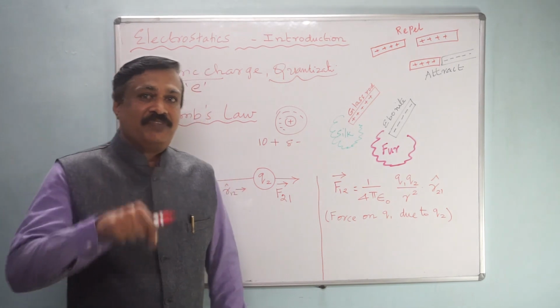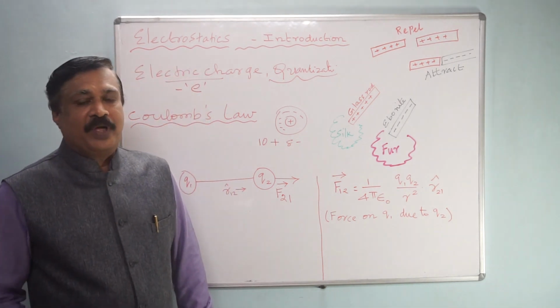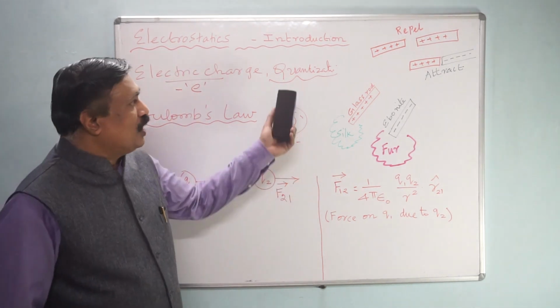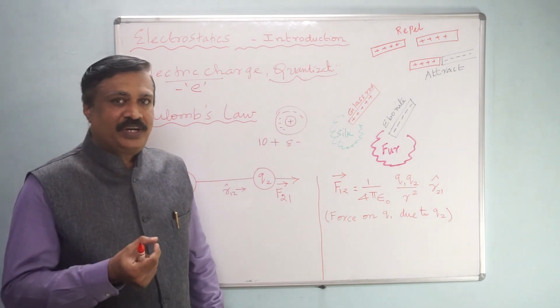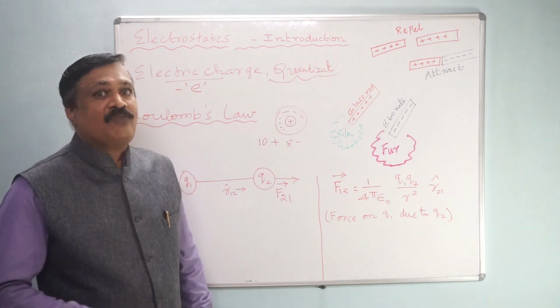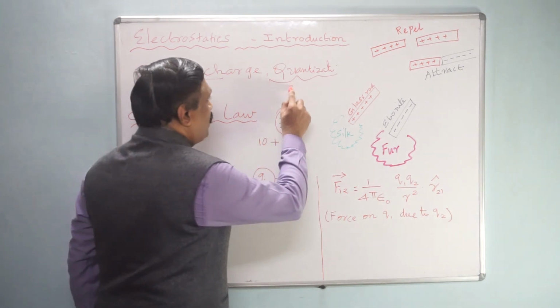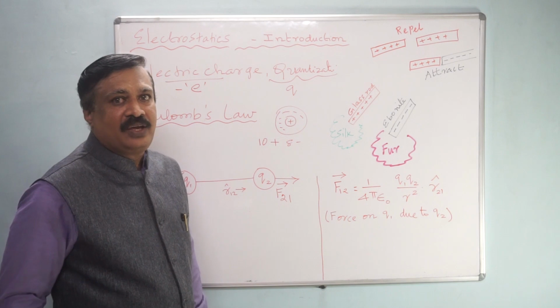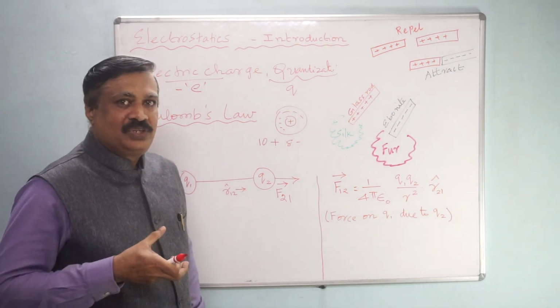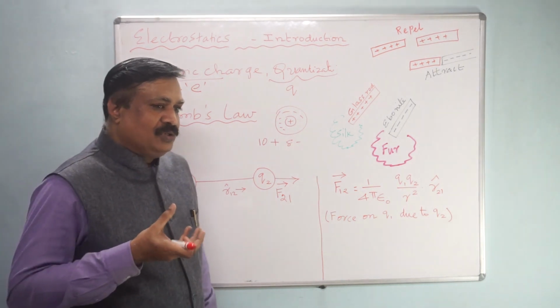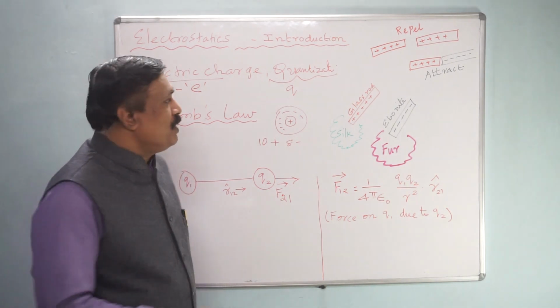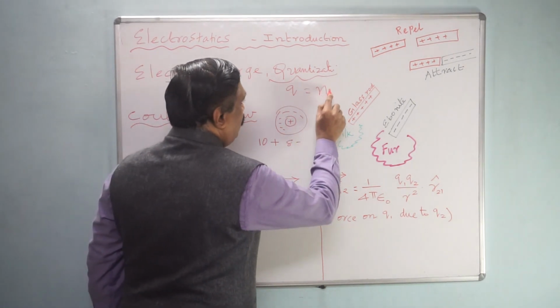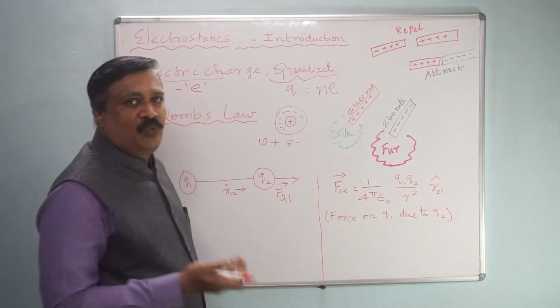We are defining the basic quantity. That basic quantity is called quantization. For the electron, for example, a material has some charge, which means we are telling how many electrons are there. It may have n electrons, where n is an integral number 1, 2, 3, 4.